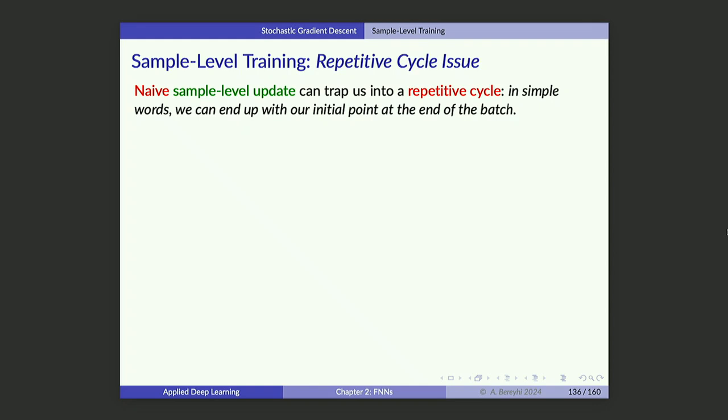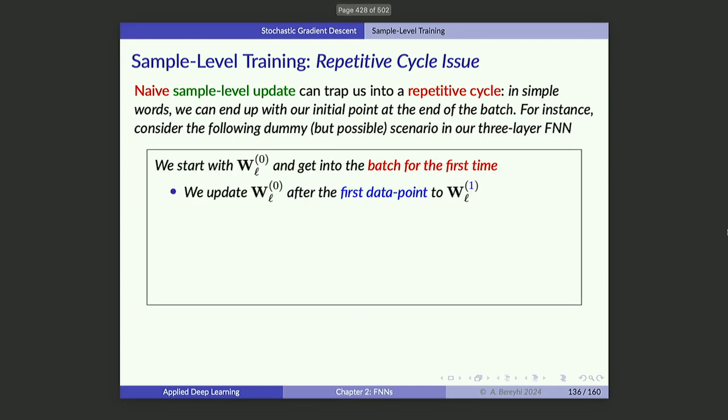To make it clear, let's consider this very dummy example again. What is happening here? I have an initial weight, say for layer L, W_L^0. This is what I start with. I start doing sample level updates, meaning that I go over my first data point, compute the gradient and update my weight, and I get this new weight.